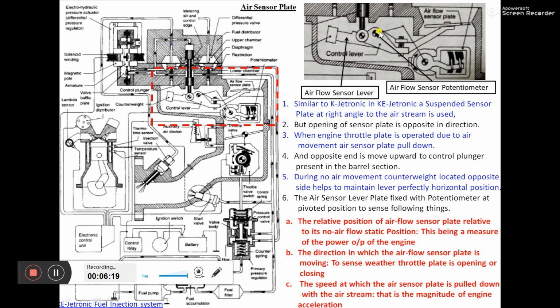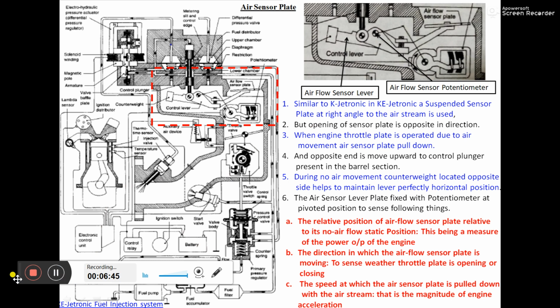But in addition to that, the air sensor plate has a potentiometer which monitors all the conditions: whether it is completely closed or completely open, whether it is moving towards closing or towards opening, and the rate of opening and the rate of closing. Those three things it monitors continuously and gives proper feedback to your ECU.